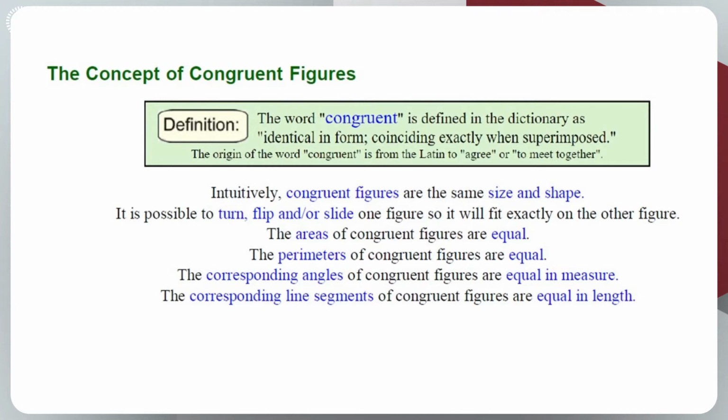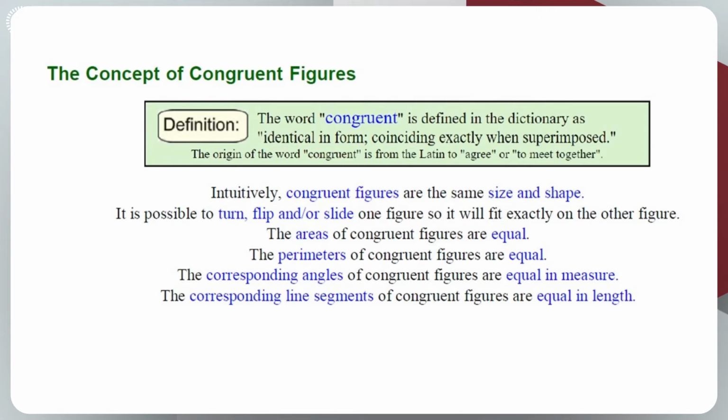It is possible to turn or flip or slide one figure so it will fit exactly on the other figure. For example, with two triangles, if one triangle is tilted, flipped, or turned 180 degrees, we can still turn it back or flip it back and see that they have the same size and the same shape.